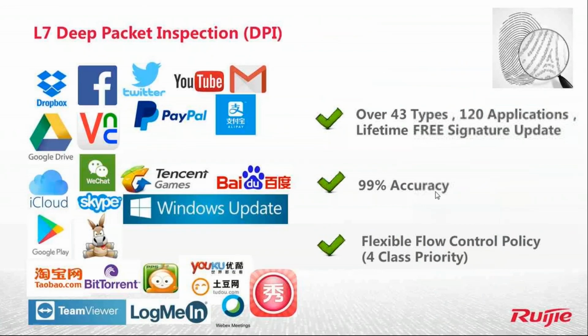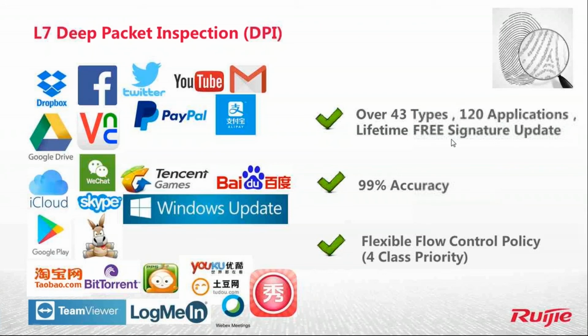This is the layer 7 deep packet inspection, DPI, for us in the EG. It has over 43 types and 120 applications, with lifetime signature updates. We do the update every month for these applications, without any subscription.